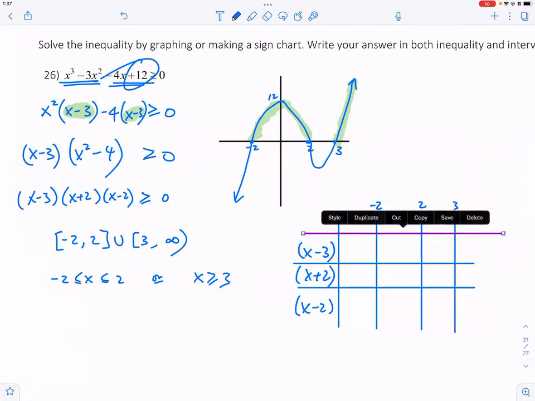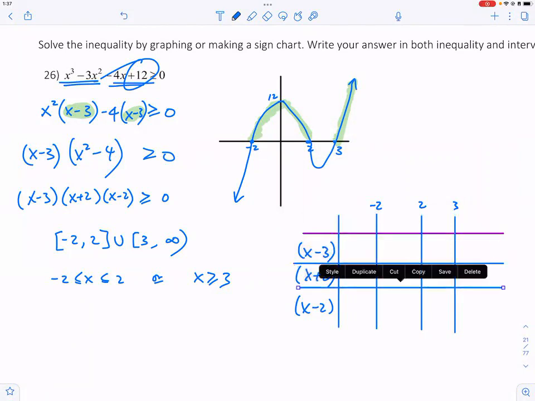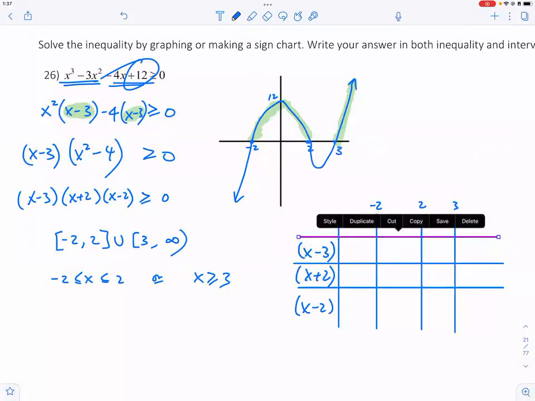Now, the sign chart is a viable method. The problem with using a sign chart is that a lot of people misconstruct it, so they miss out some values. That's why I strongly encourage you to graph it.